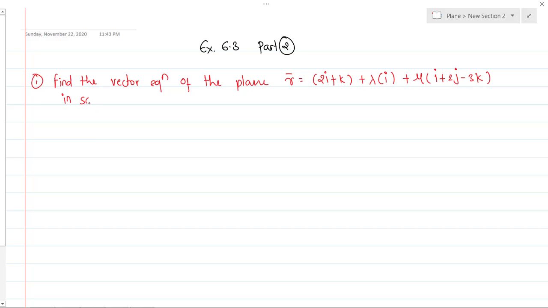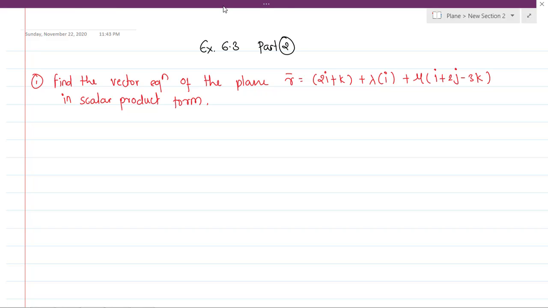So they have given the equation of a plane in the vector form, and we have to find the equation of this same plane in scalar product form.